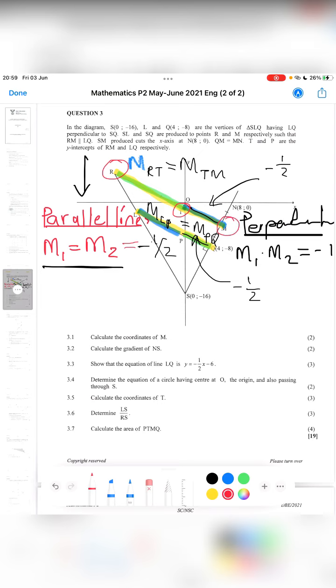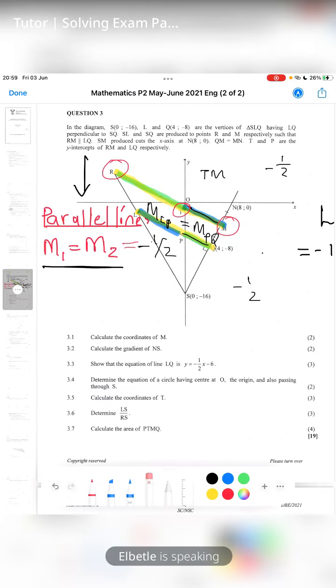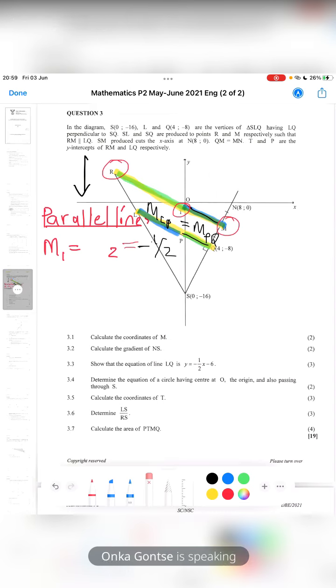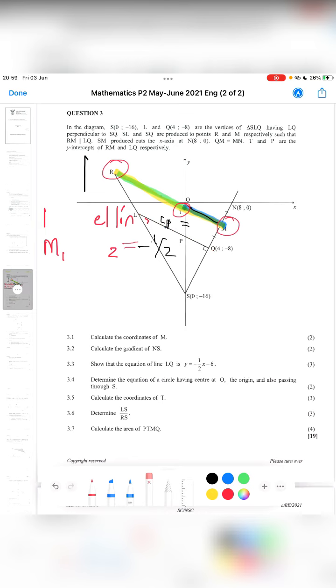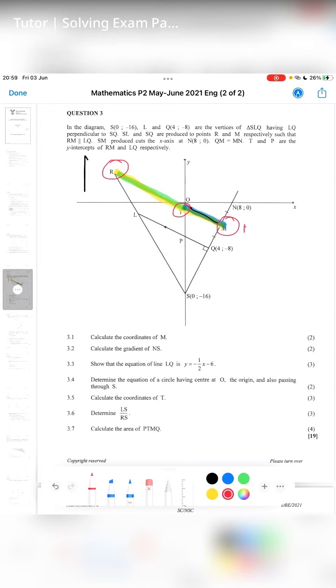Do I have the coordinates of M? Of N? No, M. Yes. Really? What is it? Do we have the coordinates of M, guys?